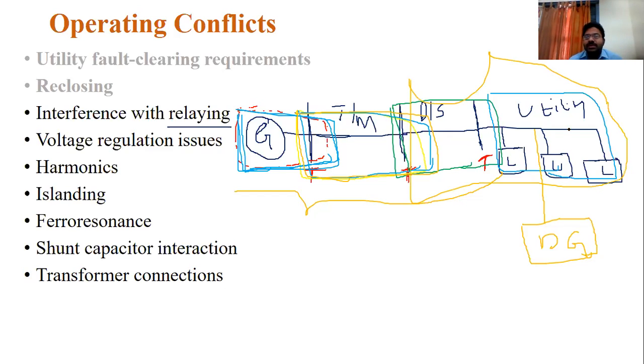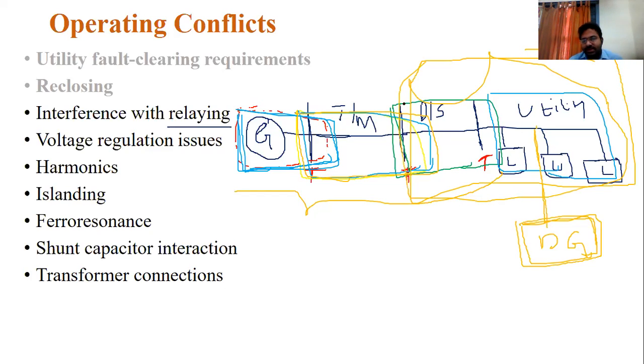These two, distribution or utility, whatever it may be, are our primary aim. You can consider it as a distribution protective scheme. How will this distribution protective scheme act when you add DC to the feeder? We are not bothered about transmission or generation, because we are adding DC only on the distribution side, to distribution feeders.